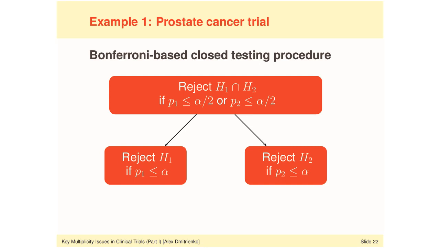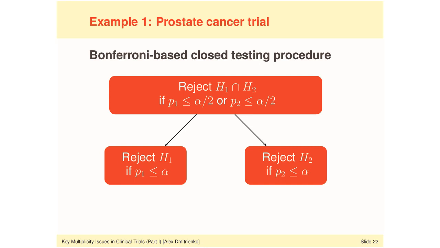Let us first begin with the individual null hypotheses H1 and H2 that are represented by the smaller orange boxes shown at the bottom of the slide. If we take a look at each one of those 2 boxes, we realize that there's only one hypothesis within each box, and therefore, to define a local test, we can do that simply based on the marginal p-values.